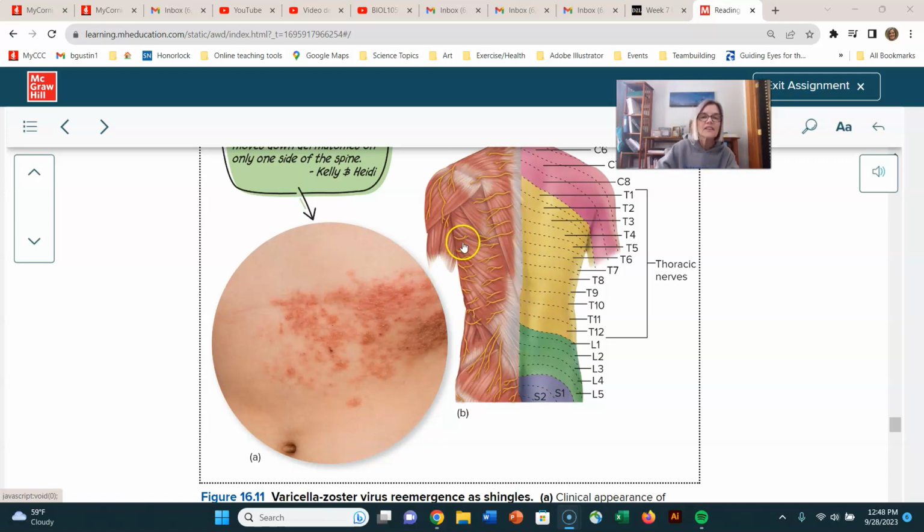It comes out in lines. See, look at how this is like a line of a rash going across this person's torso. And it's because that virus is being activated in a nerve. So that nerve is putting out virus, and it's going to be along that nerve on your skin where you see the activation. And this can happen over and over again.